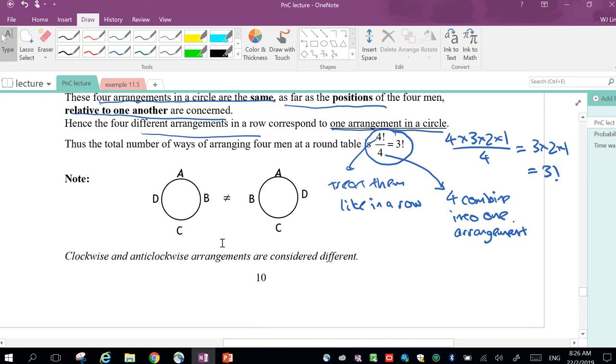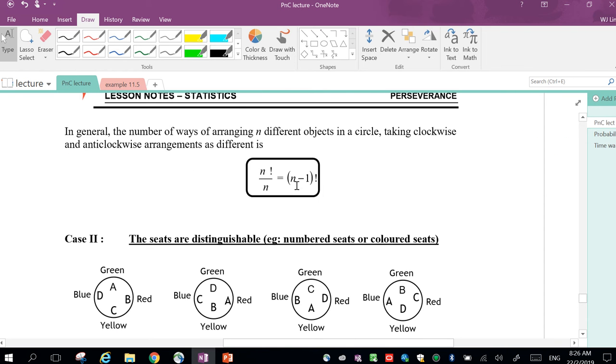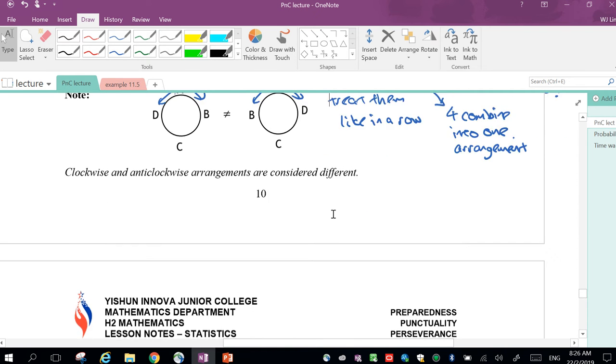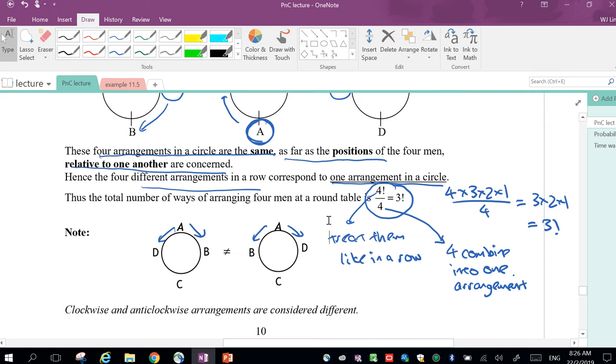There's also one way of looking at it. 4 factorial, there are 4. If there are 5 people, can we make a guess? 5 factorial divided by 5. Very good. If it is 6 people, 6 factorial divided by 6.